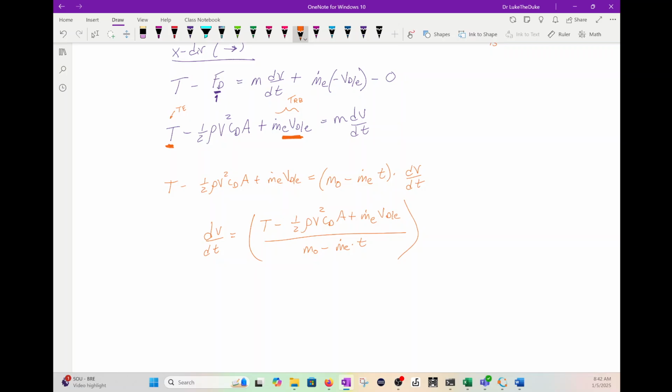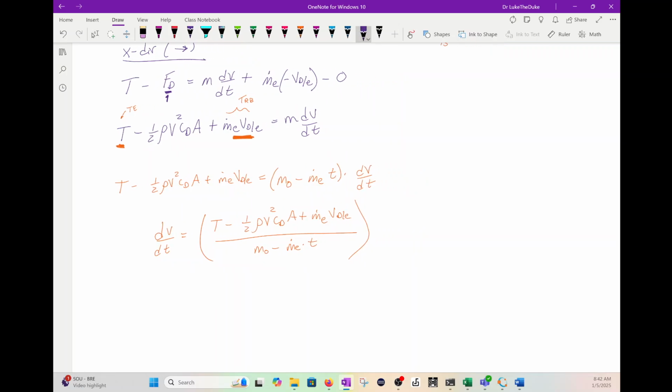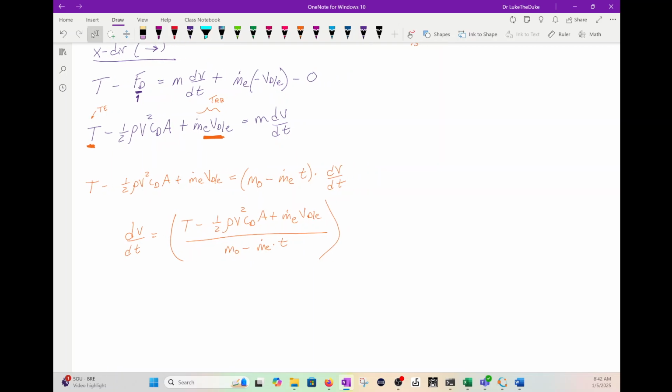Okay. So what we can do is we can solve this numerically. What do I mean by that? Well, we're going to basically plug in T, rho, some velocity, a drag coefficient, an area, mass flow rate, your relative velocity, and this at different times.